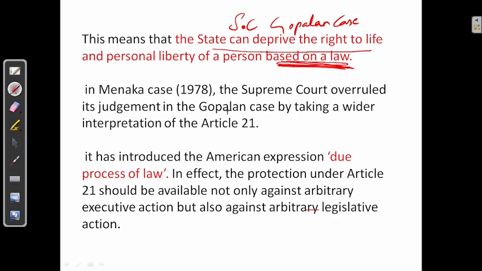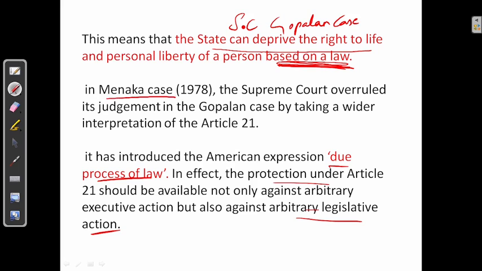But in the Menaka Gandhi case, the Supreme Court overruled its judgment in the Gopalan case by taking a wider interpretation of Article 21. It introduced an American expression, due process of law. The protection under Article 21 should be available not only against arbitrary executive action but also against arbitrary legislative action.